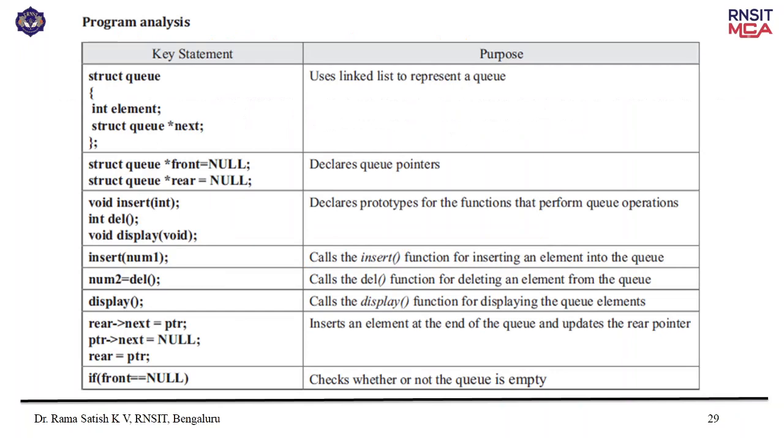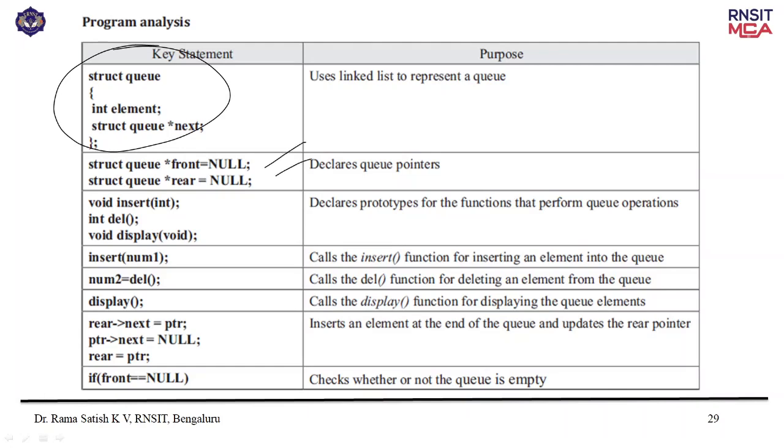And during program analysis, we have to understand the first thing. First, we have the structure that is indicating the queue. Next, 2 pointers, front and rear.